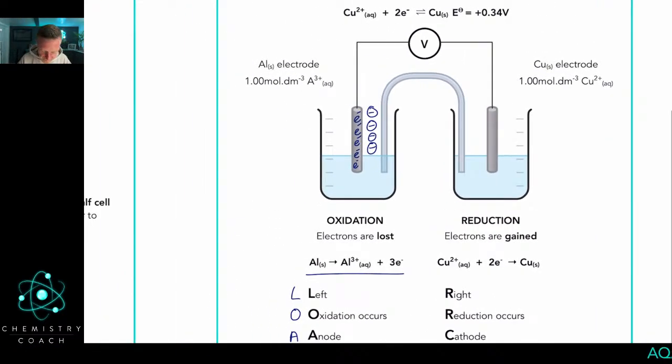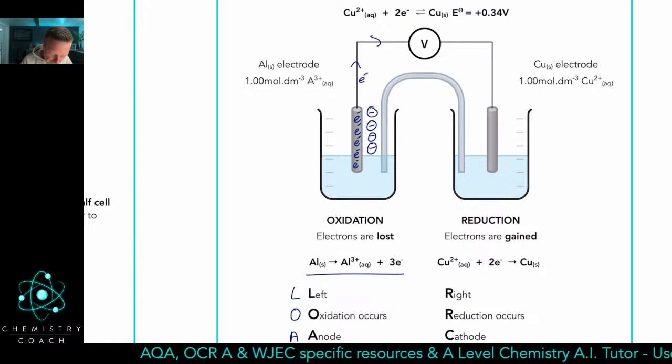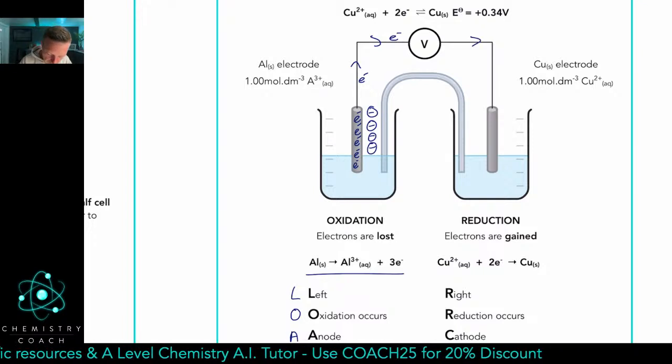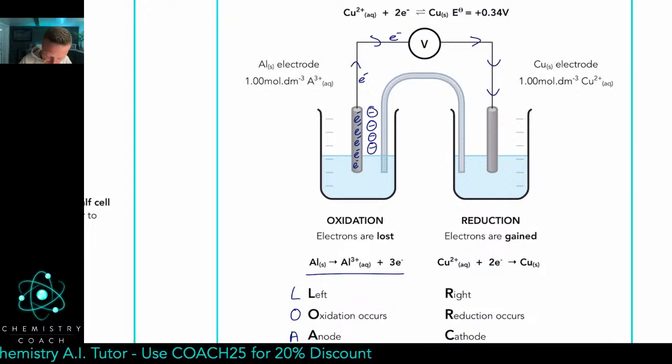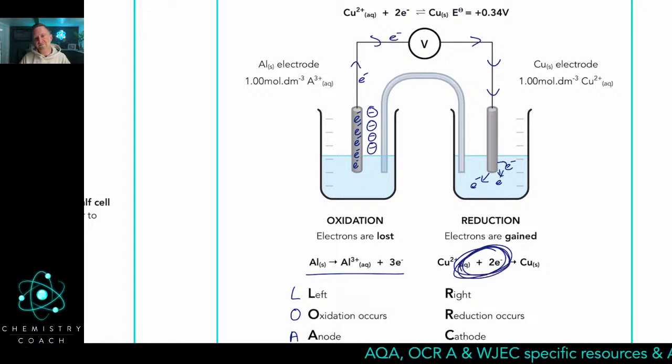So what happens here is, because we always put the one that's oxidized on the left, the electrons are going to move this way around the circuit. The electrons are being pulled from the other side, because this half cell, where reduction is happening, needs electrons for the reduction of whatever's in there.